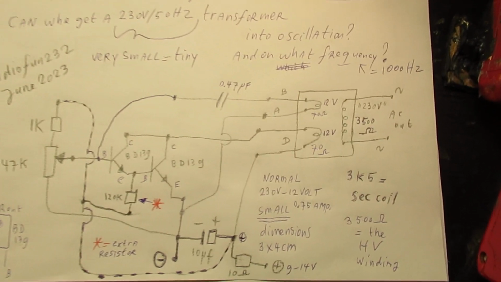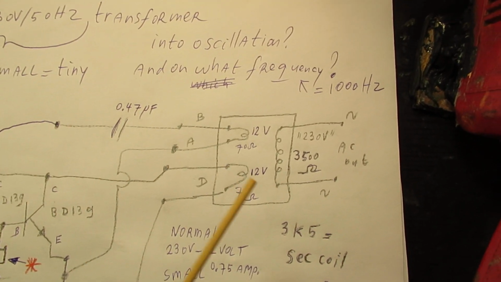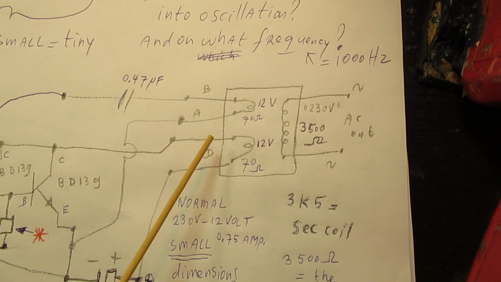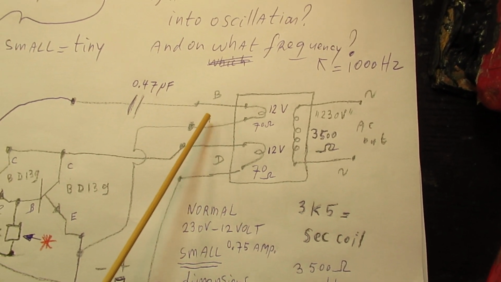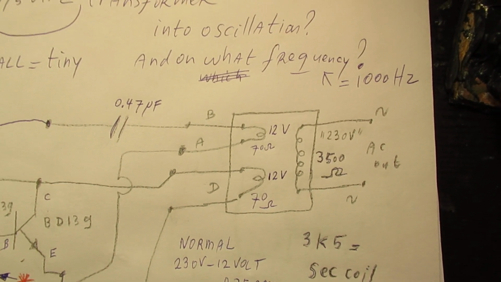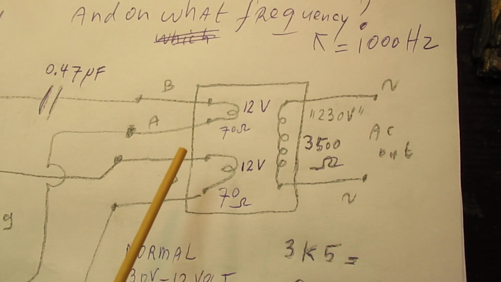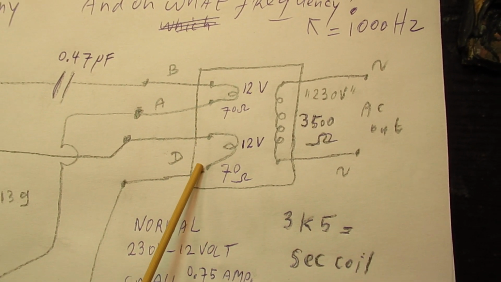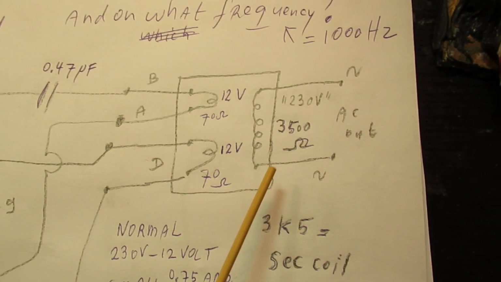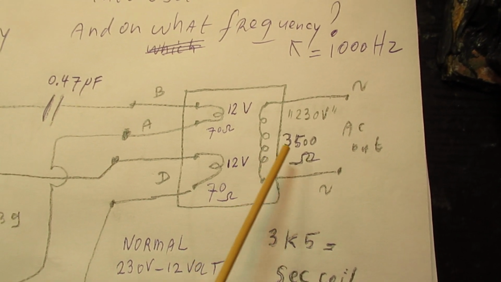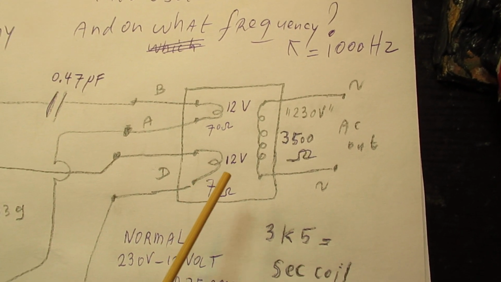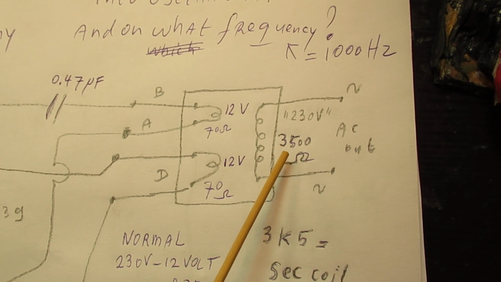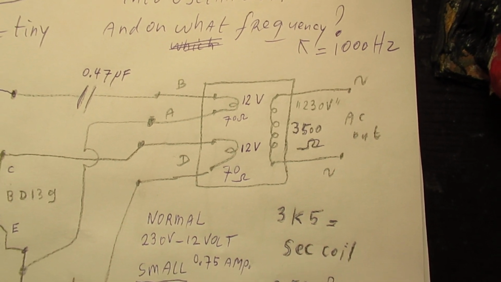But here you see the transformer, the reversed wall transformer with two separate 12 volt windings, by the way. The DC resistance of the AB winding is 70 ohms, the D winding is 70 ohms, and the high voltage winding, because it is a reversed transformer, is 3500 ohms, 3K5.